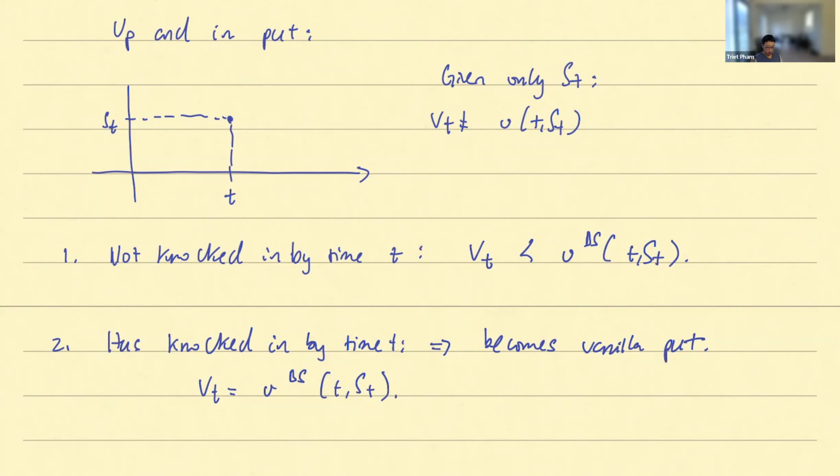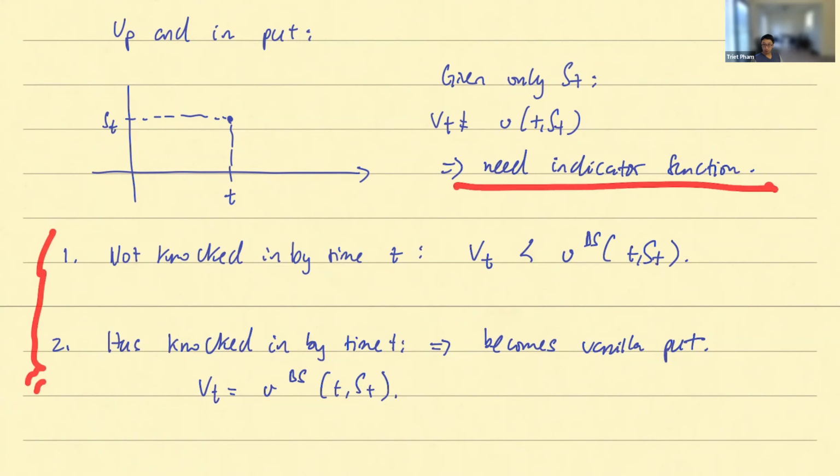The value of the option cannot simply be a function of T and ST. So this is where you need some kind of indicator function, and I'm not going to elaborate on what kind that is. We talked about that in the homework solution. But I was trying to talk about how you argue that an indicator function is needed.